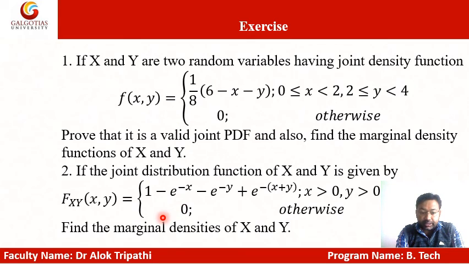And in the next example, we have given the joint distribution function. So before starting this question, you have to generate the joint probability density function from this one. First generate the joint probability density function, and then you will find the marginal densities of random variables x and y.